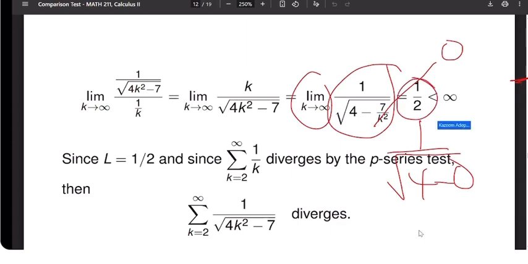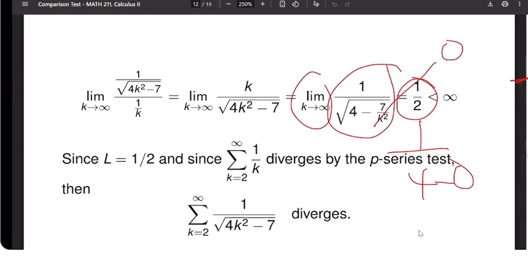you have a half, which is less than infinity, the conclusion here is that either both a_n and b_n converge or they both diverge. Does that make sense? It's either both converge or both diverge. But how am I going to know whether they converge or not? I will now need to apply a different convergence test to be sure.